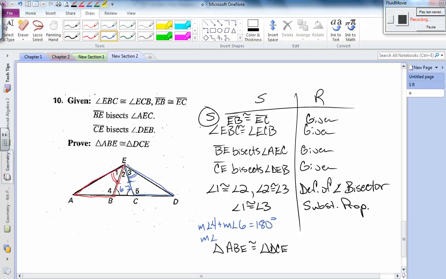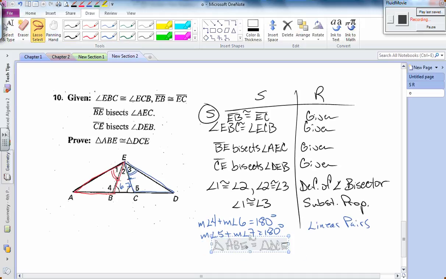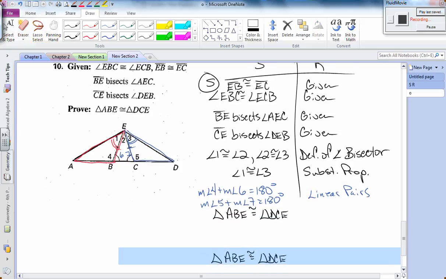And that the measure of angle 5 plus the measure of angle 7 equals 180 degrees because they are both linear pairs. Okay, I'm going to take this and I'm going to slide this down and get the whole thing.